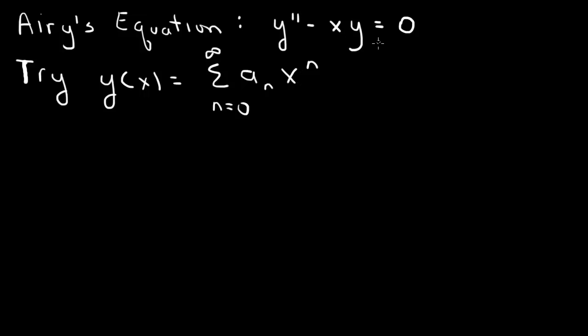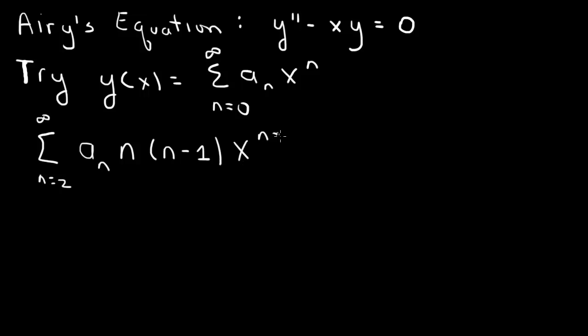We substitute in, so we get the second derivative. The second derivative becomes the sum from n equals 2 to infinity of a sub n, and the first derivative brings down an n, the second derivative brings down an n minus 1, times x to the n minus 2.